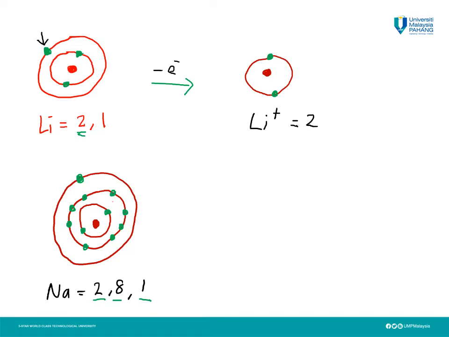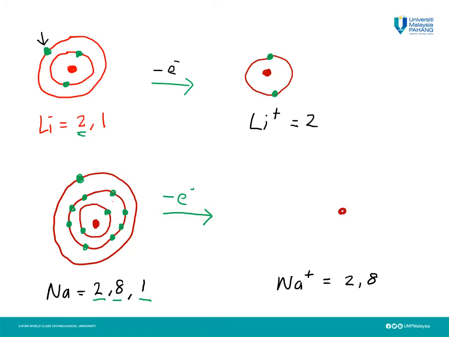To make it into an ion, or elimination of 1 electron, it will become Na plus with the electronic configuration of 2, 8.